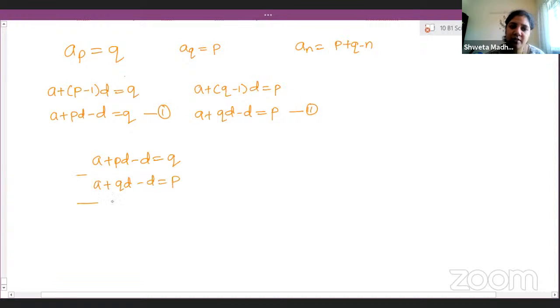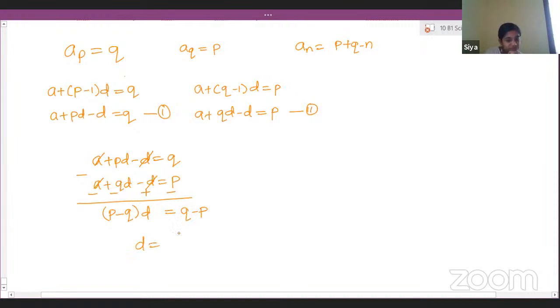So we need to subtract. A minus A cancels, minus d plus d cancels. What is left is (p minus q) into d is equal to q minus p. So d is equal to (q minus p) by (p minus q).